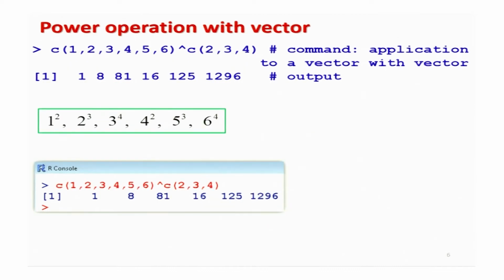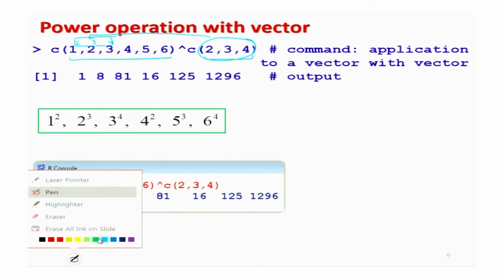Now let us take one more example, where once again I increase the number of data values in the two data vectors, but keep them as multiples. You can see there are 6 values in the first, and in the second data vector there are 3 values, 2, 3, 4. So this 2, 3, 4 will come over here, and once again 2, 3, 4 will come here.